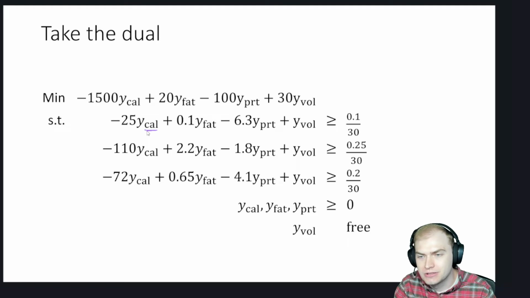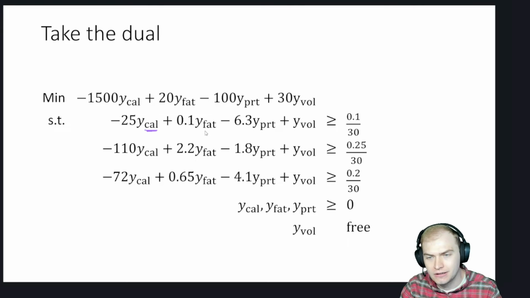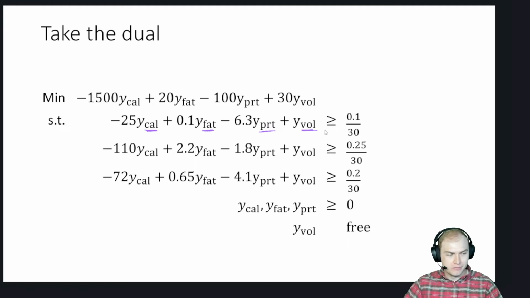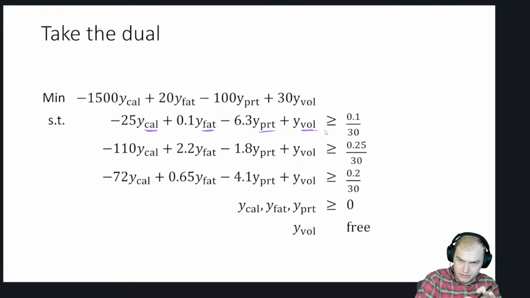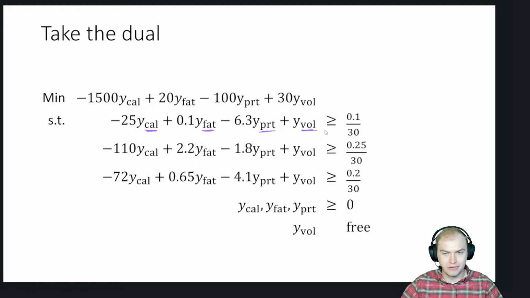Our first primal constraint was that we had to have a certain number of calories. Then we had to have at most so many fats, at least a certain amount of protein, and a specific volume. So I've marked out the dual variables to correspond specifically with specific constraints.